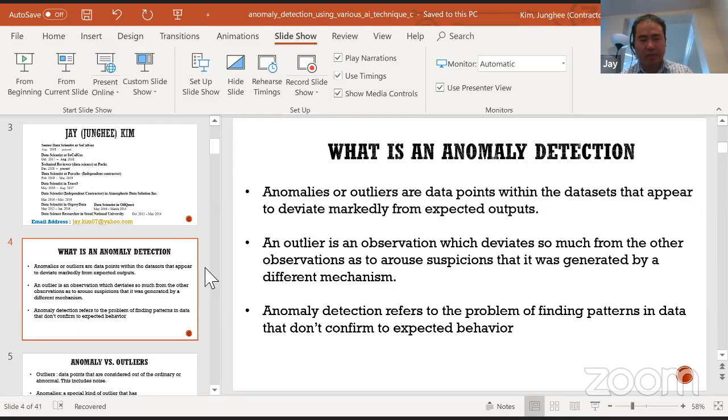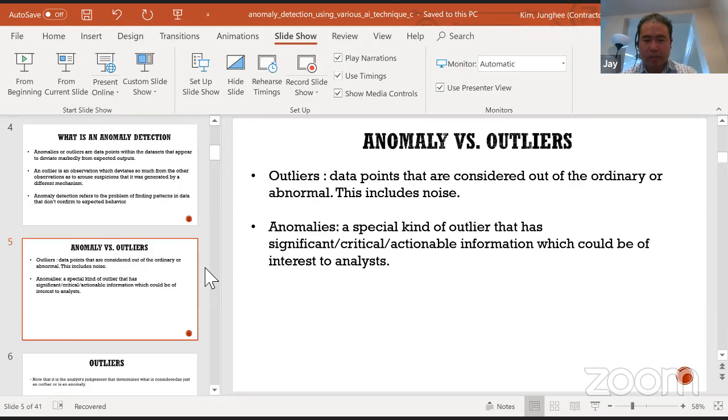You can think of an anomaly as a subset of outliers, but it's more meaningful than outliers. So this is the definition of outliers and anomalies. An outlier can be anything, including noise. But an anomaly is a very meaningful outlier, which can be good information and can be used in different businesses and analyses.